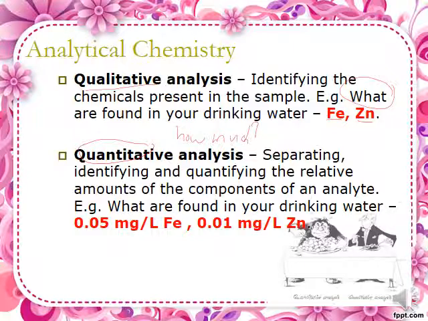So we write, for example here, 0.05 ppm of iron, 0.01 ppm of zinc. So you have value here, a number. So that is quantitative analysis. Very easy differentiation between qualitative analysis and quantitative analysis.